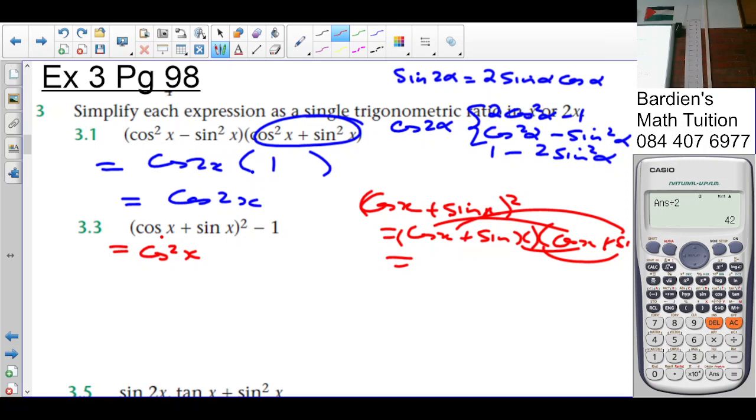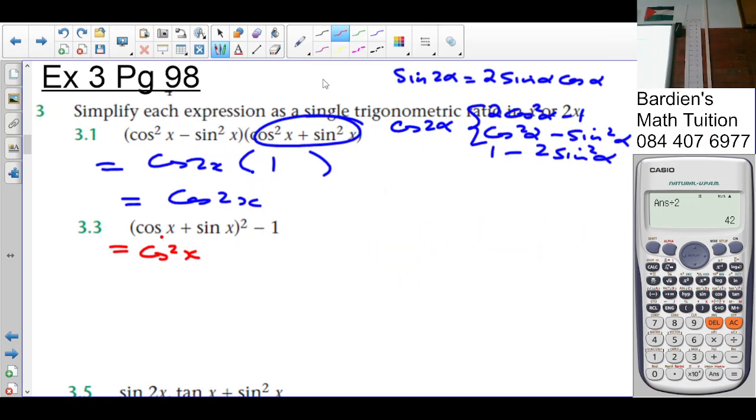Or, if you know the binomial square rule, simple. Square the first term, then 2 times the terms is plus 2 cos x sine x. Last term squared is plus sine squared x, minus 1.